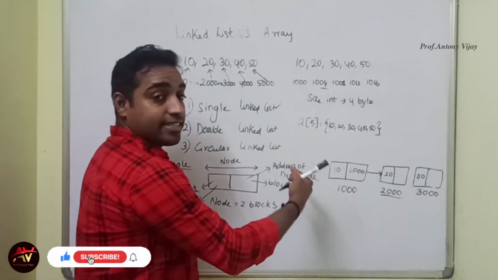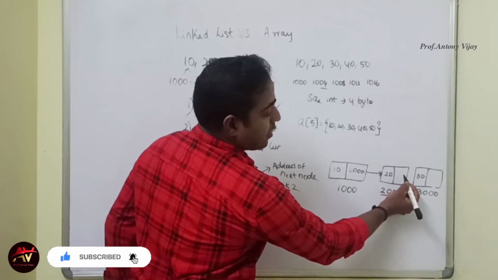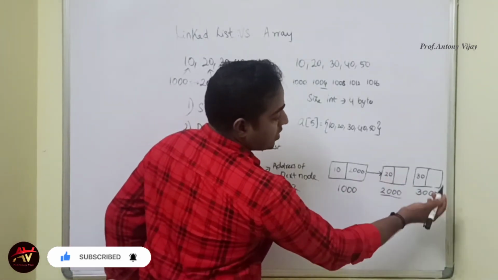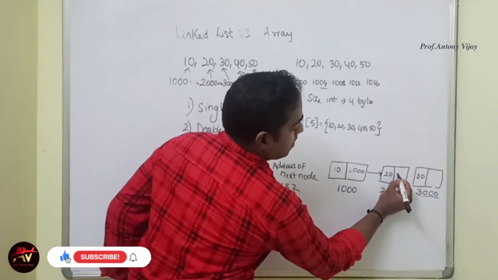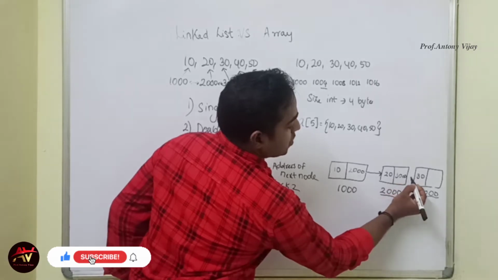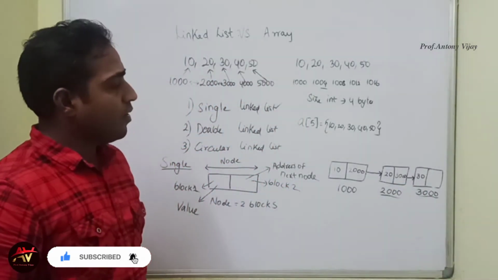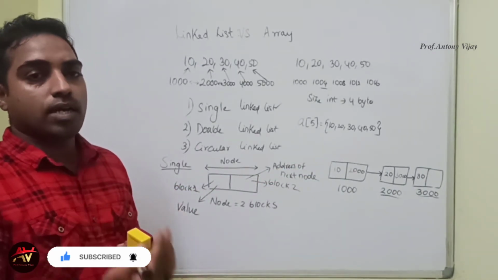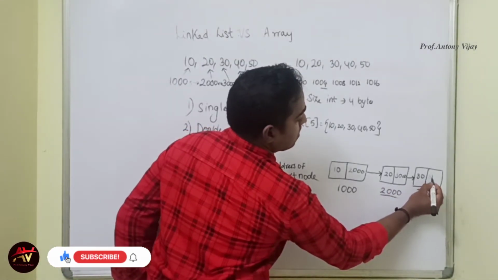Next, let's see the next node. As I told already, the second block contains the address of the next node. The address of the next node is 3000, so 3000 is supposed to come here. So the second node and third node are connected to each other. When I talk about the third node, no other node is connected to it, so we are supposed to use null here.